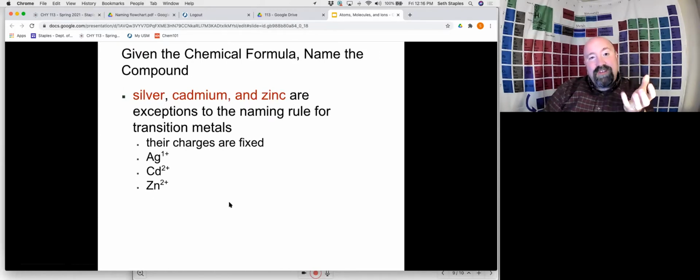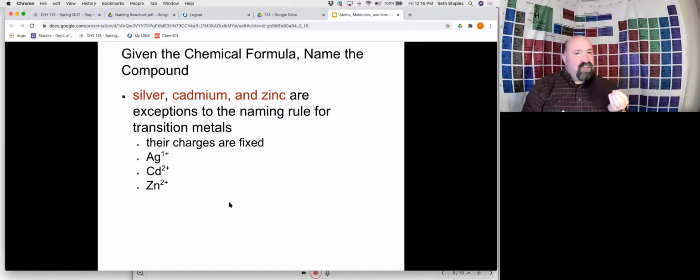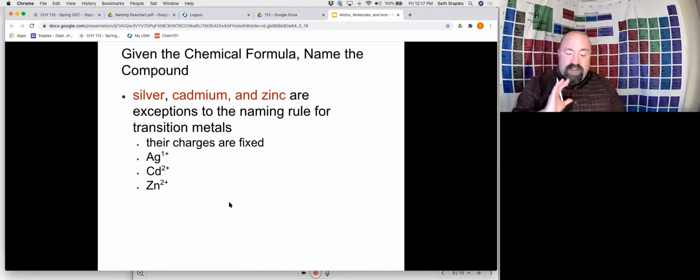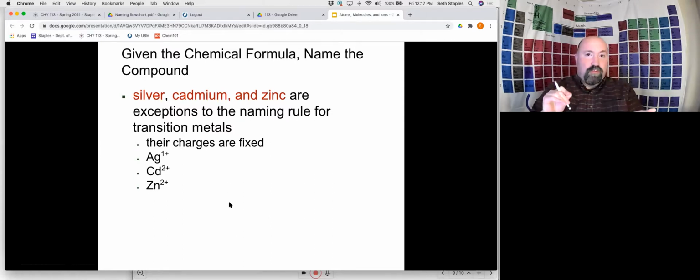It turns out that silver, cadmium, and zinc are actually exceptions to this. Right here in the upper right of our transition metals, for reasons that we're not going to really get into at this point, their charges are fixed. Their charges aren't going to change. Silver is always going to be a +1. Cadmium and zinc will always be a +2.